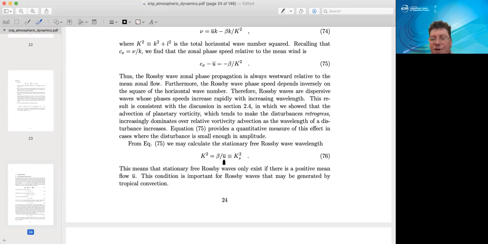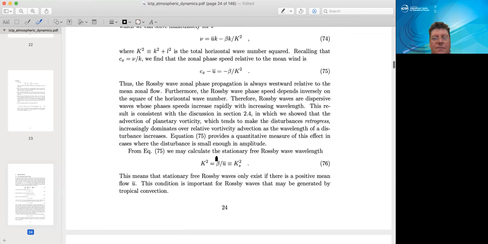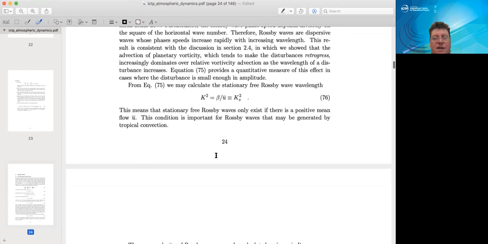When there is 0 or negative mean flow, stationary Rossby waves cannot exist. So this is a property that in dynamic meteorology and in climate dynamics can be very useful, because we need this mean flow in order for stationary waves to exist. Otherwise, the waves propagate. There's nothing we can do. So this is a very useful quantity. Stationary wave.